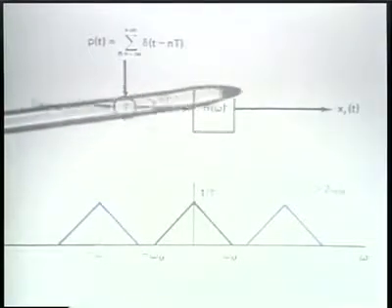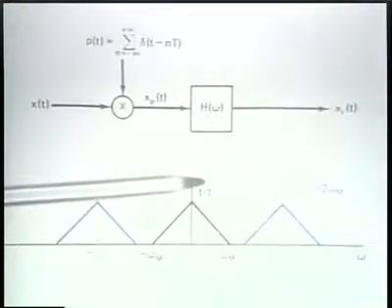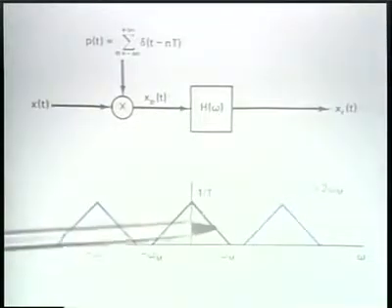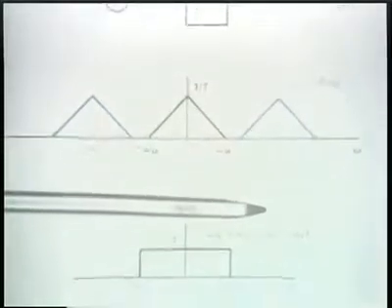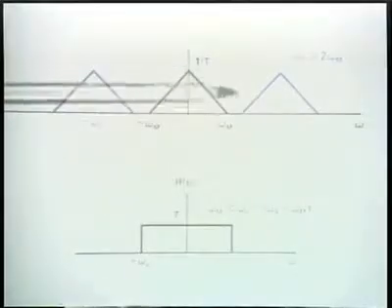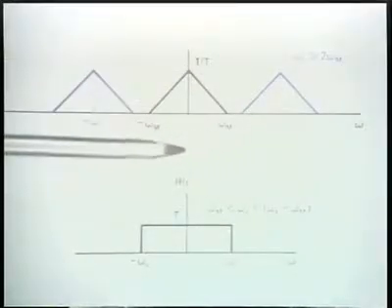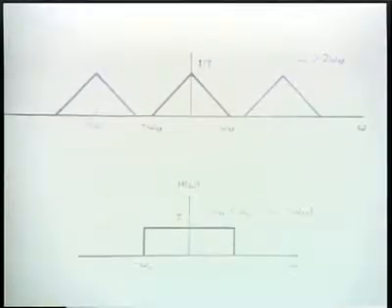If this frequency response is an ideal low-pass filter, as I indicate on the diagram below, then multiplying the spectrum of the sampled signal by this extracts just the portion of the spectrum centered around the origin.